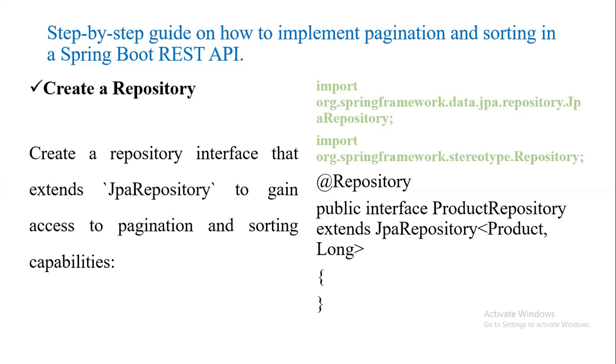Here we need to annotate the interface with @Repository to indicate the repository file. Here we have created an interface called ProductRepository, which extends JpaRepository. We have added the entity Product as the type, with Long as the id type.